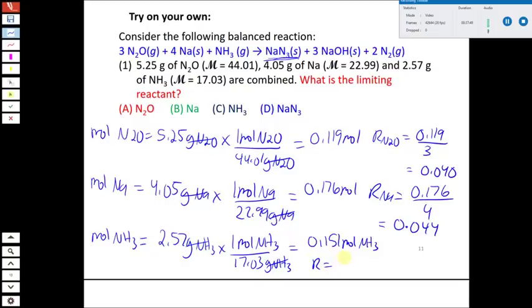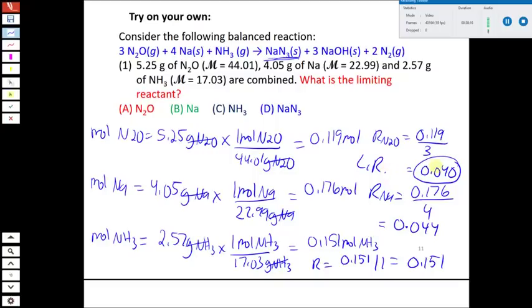And then its stoichiometric ratio is 0.151 divided by the coefficient, which is just a 1. There is no coefficient in front of NH3, so that comes out to 0.151. So the smallest of these 3 numbers, the stoichiometric ratios, is 0.040, 0.044, 0.151. This one wins or loses by a hair, depending on what your concept of winning and losing is, but that's our limiting reactant either way.